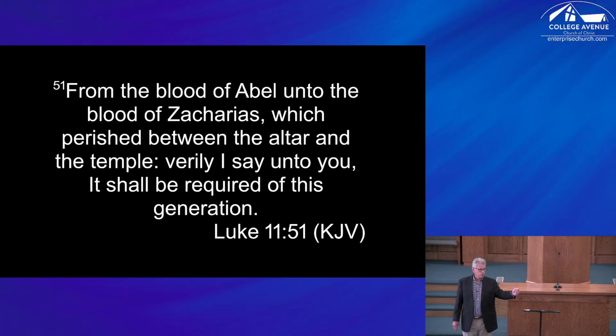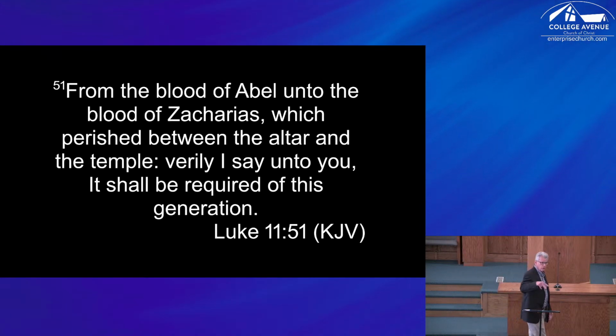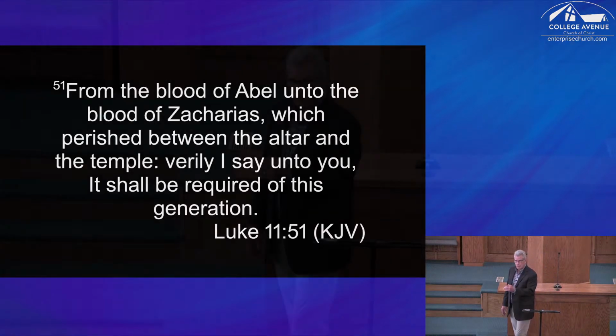From the first of the Hebrew Bible, first of the Old Testament, to the last of the Old Testament, he says this generation is going to be responsible for all the blood and all the killings that have taken place in this sense. Does that make sense? So again, when Jesus is talking about the Scriptures, he's talking about a different order than what we had seen.